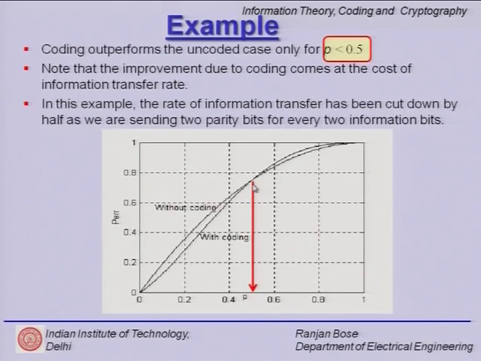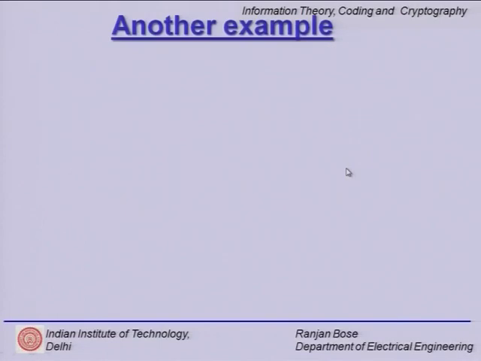So, you should have a channel of a certain level for coding to be effective. You just cannot take any channel and apply coding and expect it to be better. So, 0.5 is that tipping point. Below 0.5, yes, error control coding works. Beyond that, it is detrimental.